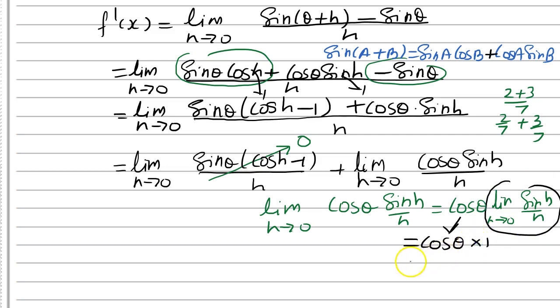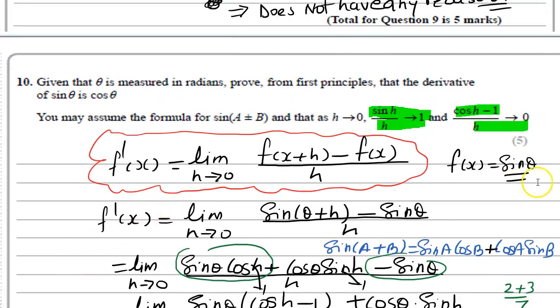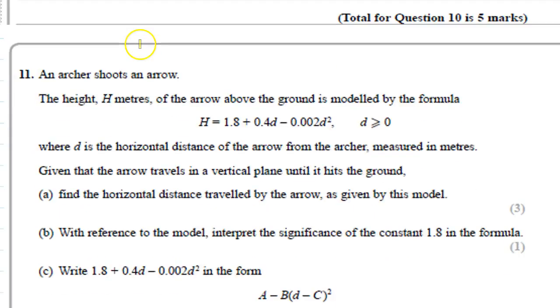So cos theta times 1, that is cos theta. So we have got the differentiation of sine theta equal to cos theta. This was our question. Okay, all right, so let's move. It was nice and easy, and this was a 5 marks question. Now the next question is 11.